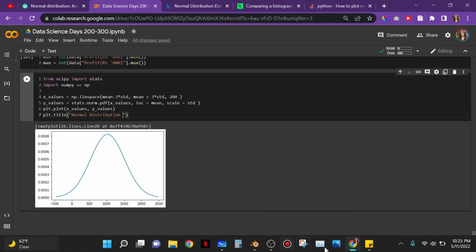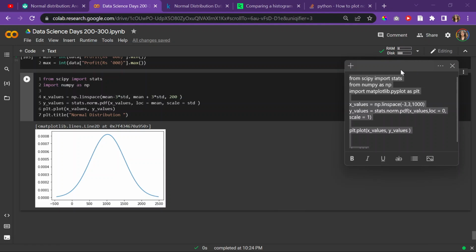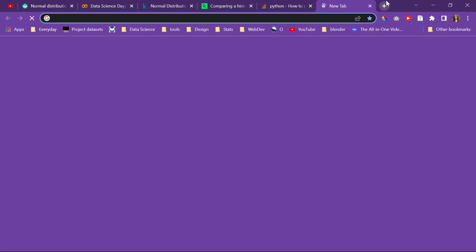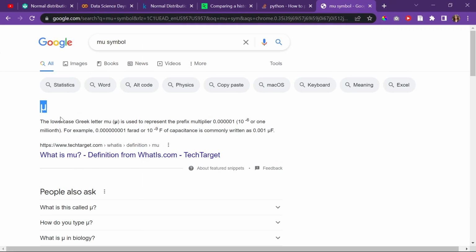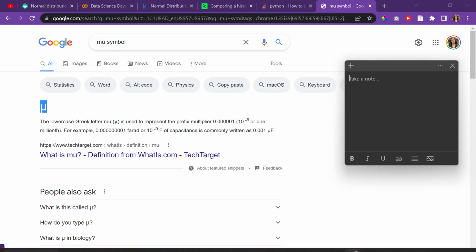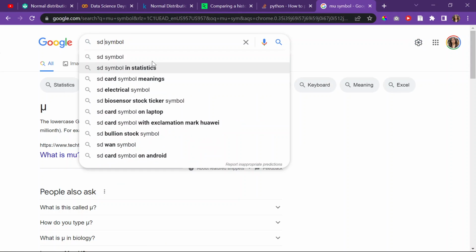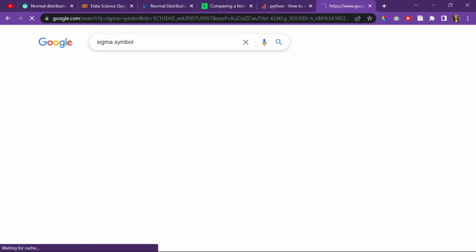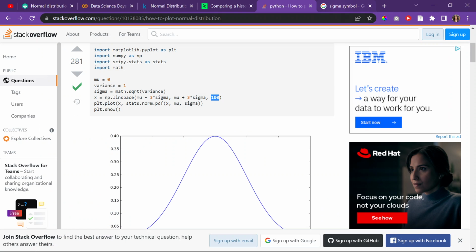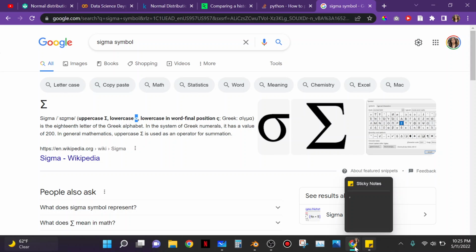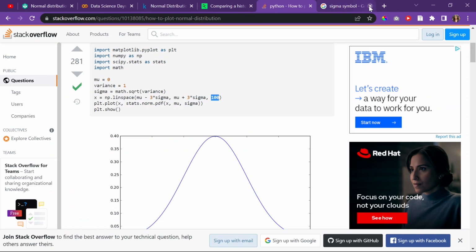I should probably have like a post-it note with the symbols of mean and standard deviation. Just gonna have that there. Sigma, so sigma stands for standard deviation. So I'll do that.